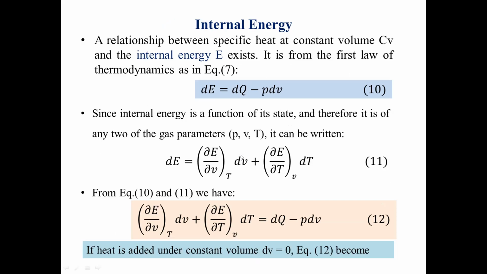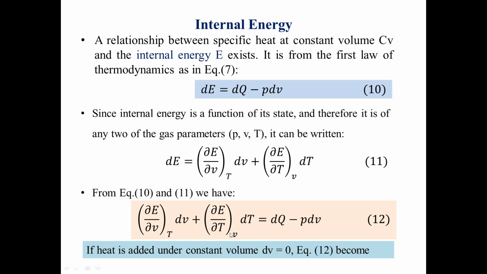Since the internal energy is a function of state, it is a function of any two of the gas parameters: pressure, specific volume, and temperature. So P, V, and T, any two of these in combination. For example, the combination of temperature and specific volume.